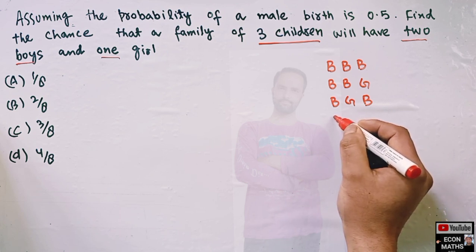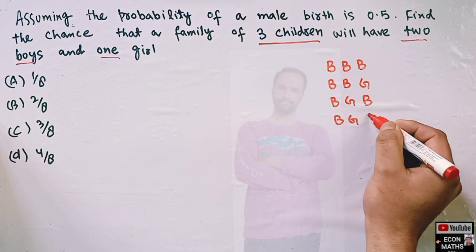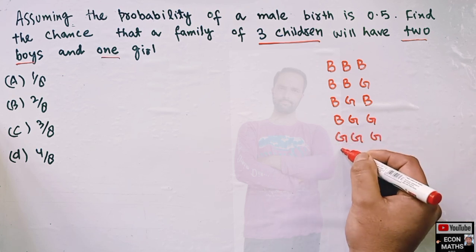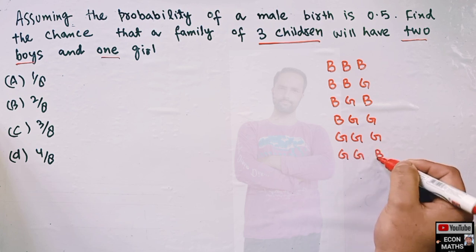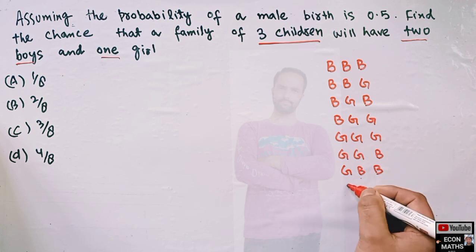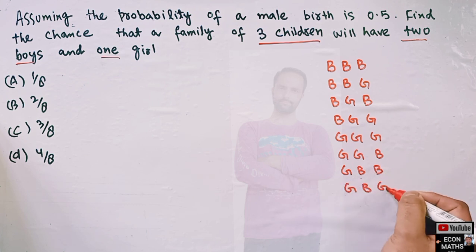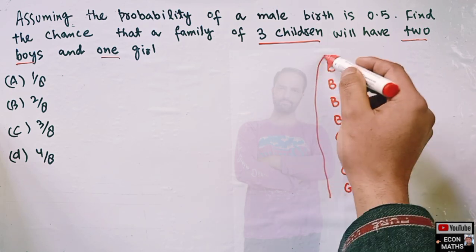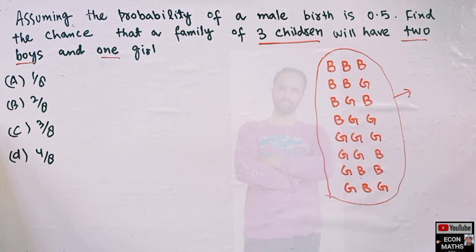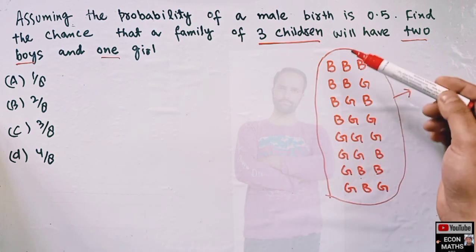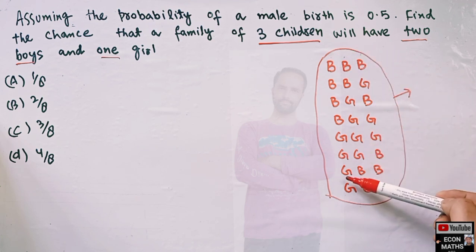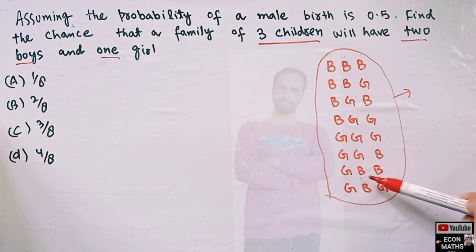And we have the other combinations as well, such as boy, girl, girl, and girl, boy, girl. These are the combinations that we will have when we have 3 children. So how do we interpret that? That means the first child is a boy, the second is also a boy, the third is also a boy, and similarly here the first child is a girl, the second is a boy, the third is a boy.